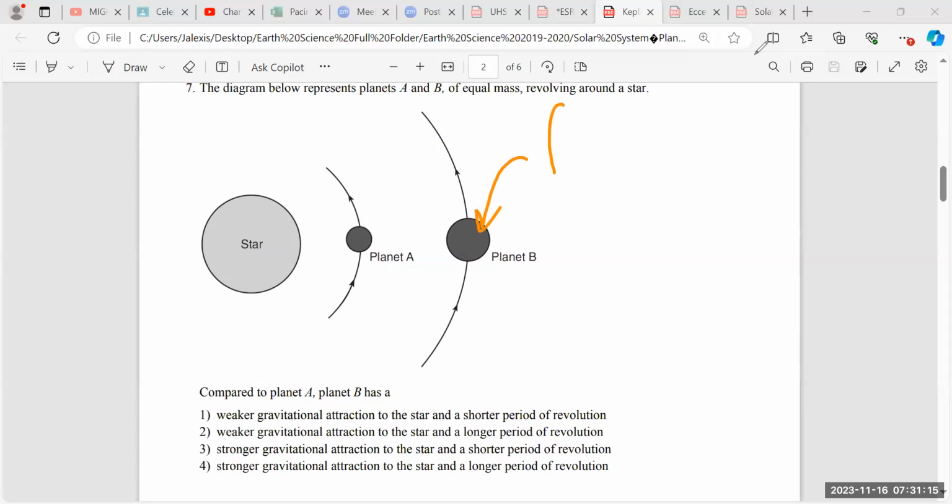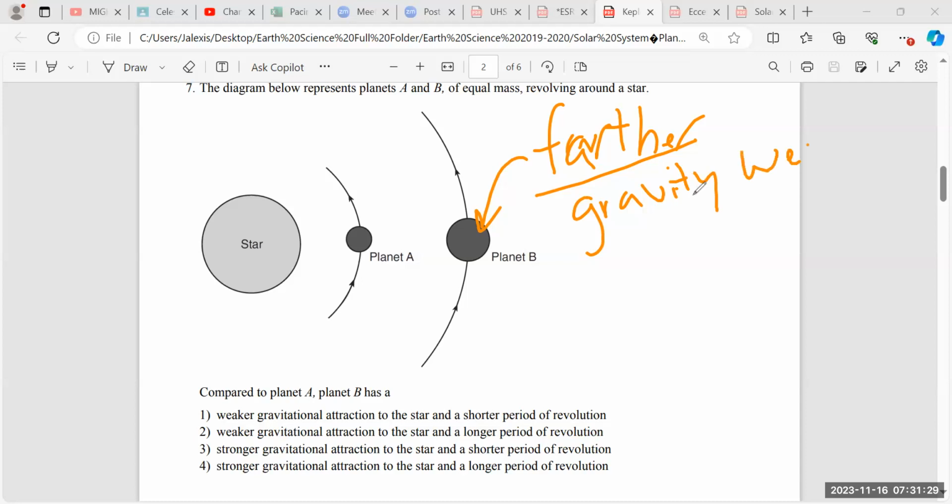If planet B is farther, that lets me know, number one, that the gravity between planet B and the sun, or the star, is weaker, because planet B is farther. That also lets me know what happens to planets that are further away from a star.